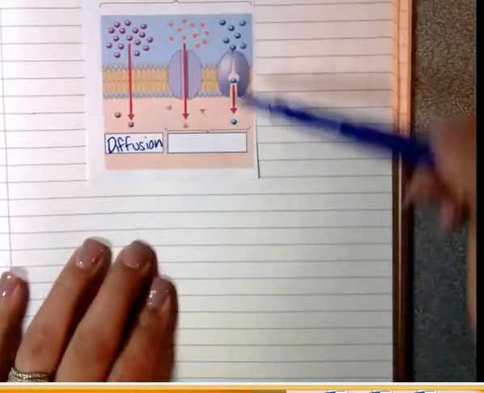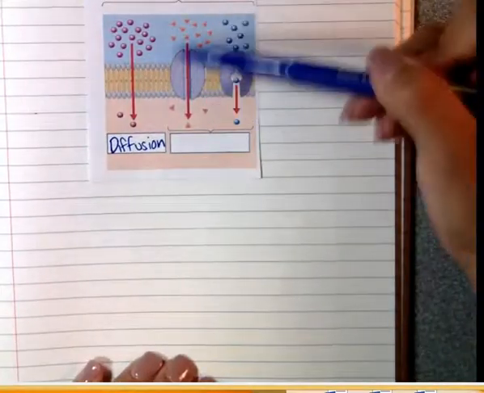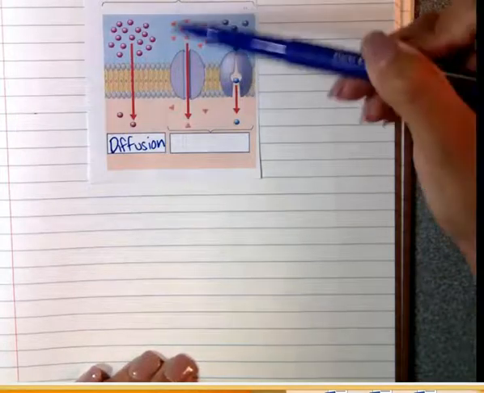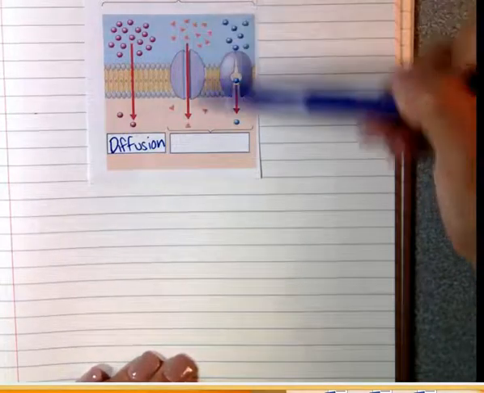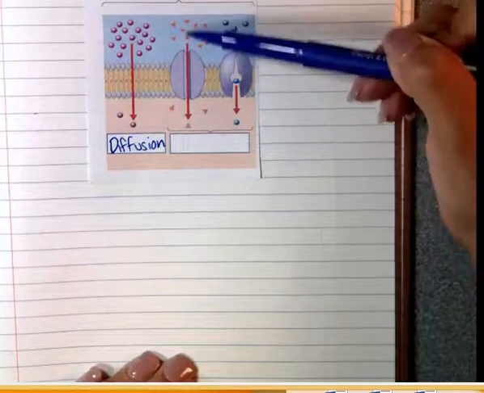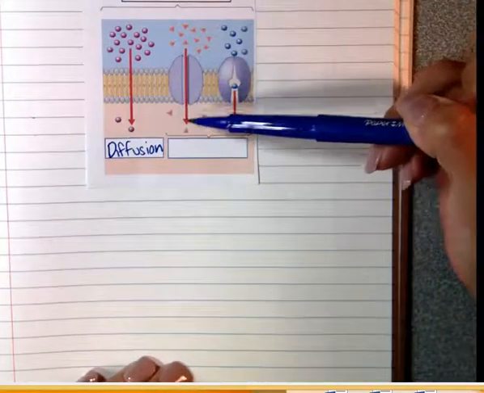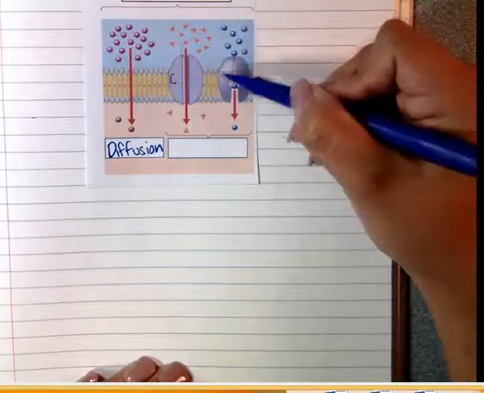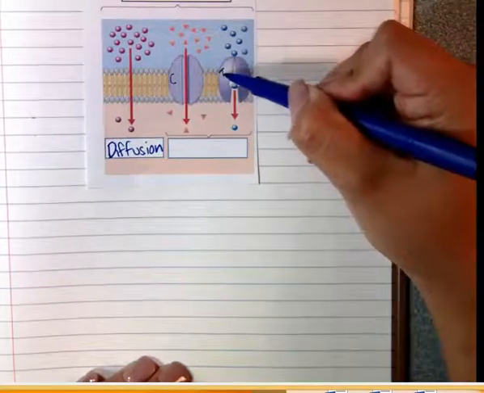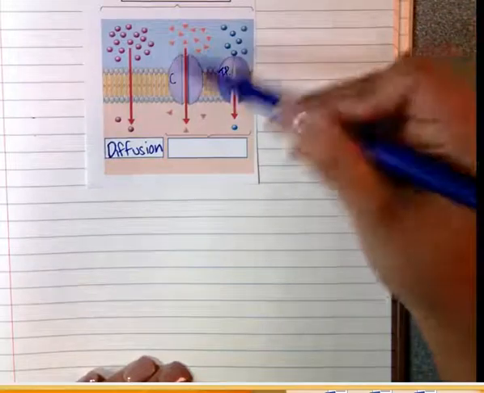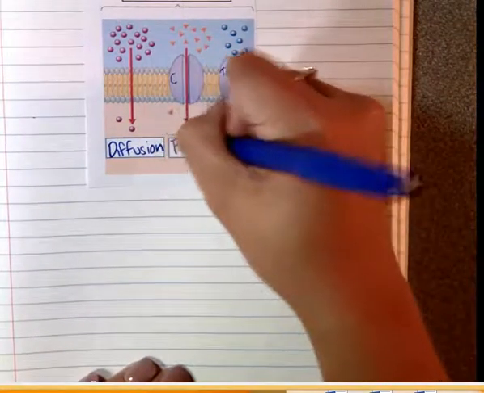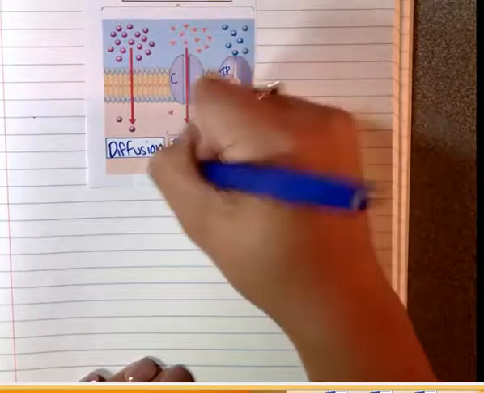In these two scenarios over here, you also have things moving from high concentration to low concentration, so they're moving with the concentration gradient, but they need a little bit of help. This would be an example of a channel, and this would be a transport protein. Because they need a little help, this is known as facilitated diffusion.